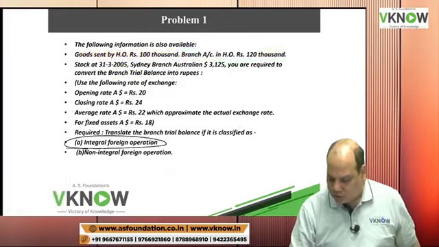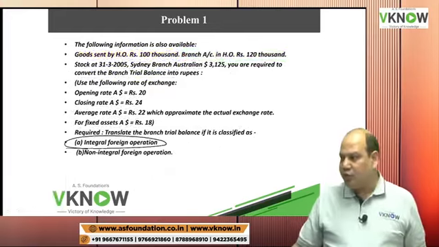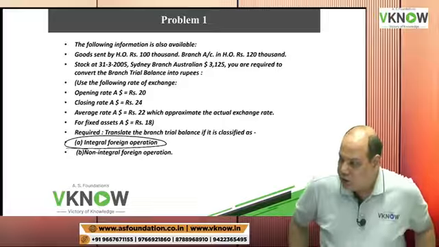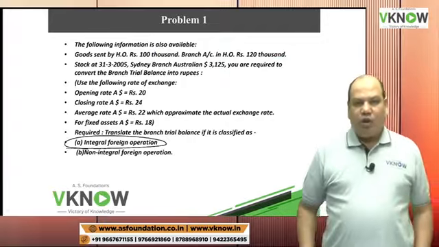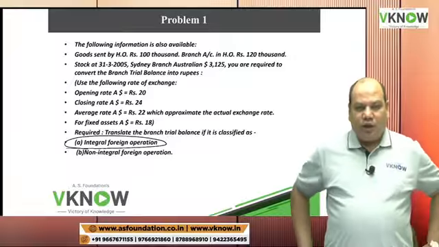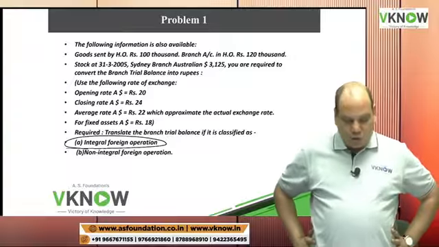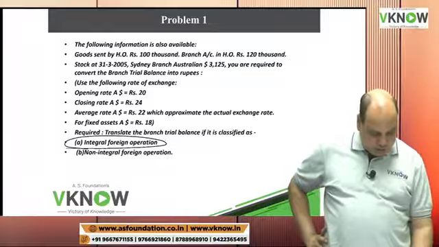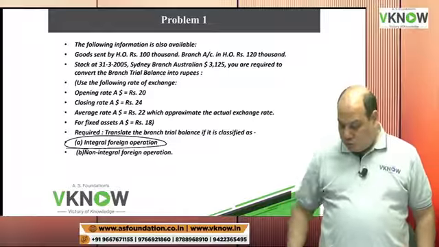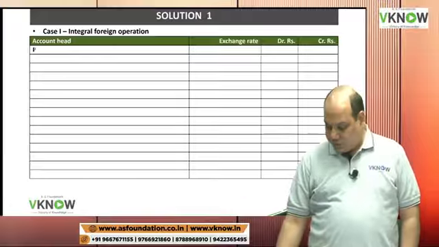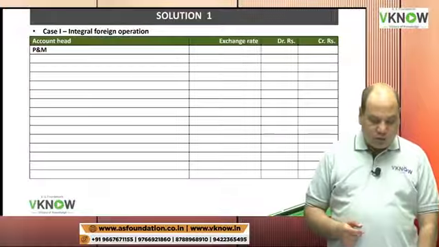Oh my god. You have to solve it two times. If it is classified as integral, how will you translate? And if you classify it as non-integral, then how are you going to translate? Okay. So we will solve one by one. I think the answer is there in your book.